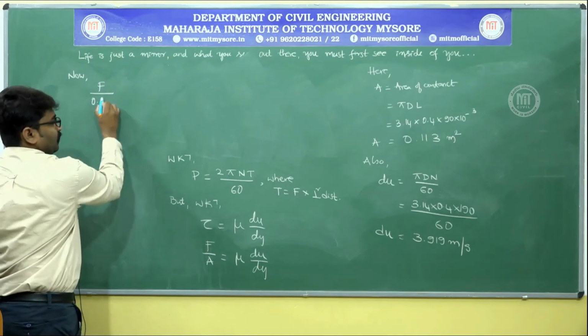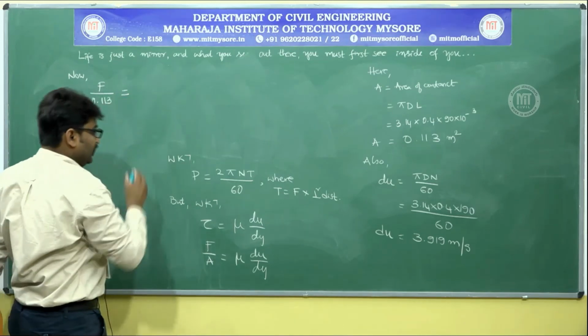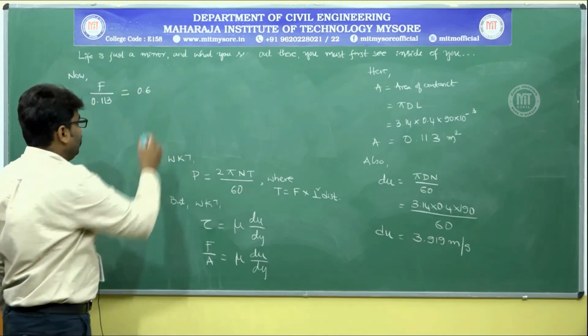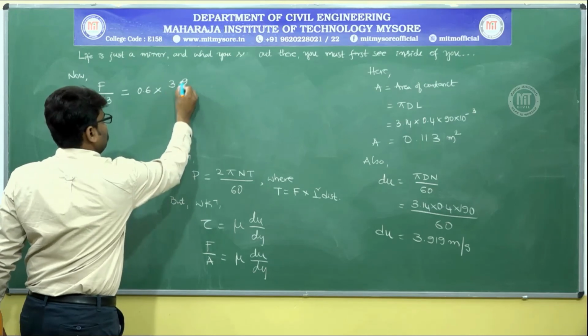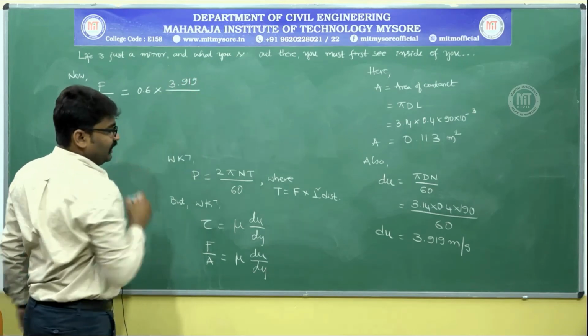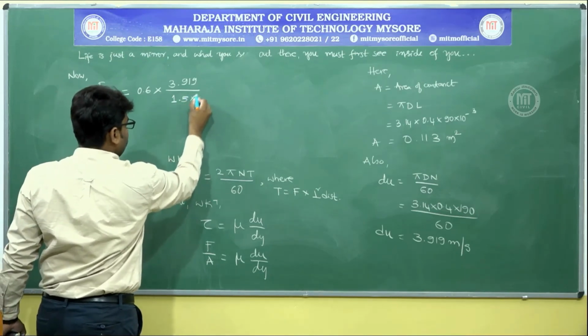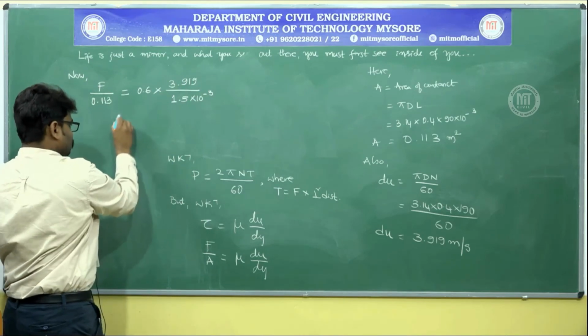Area you have got 0.113. This must be equal to mu, 6 poise is nothing but 0.6 Newton second per meter square, into du by dy. Du is 3.919 divided by dy. Dy had given to you as 1.5 millimeter, that is 1.5 into 10 power minus 3.